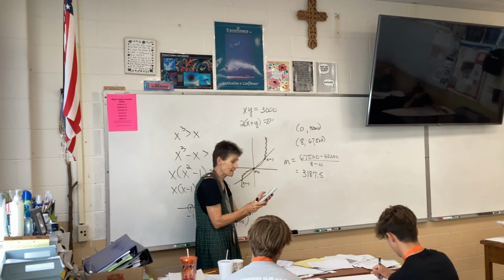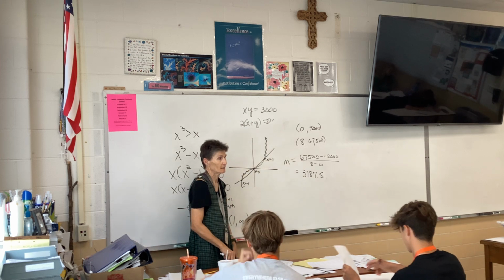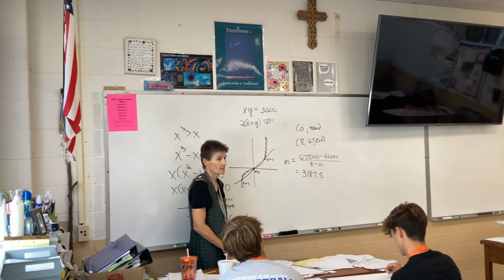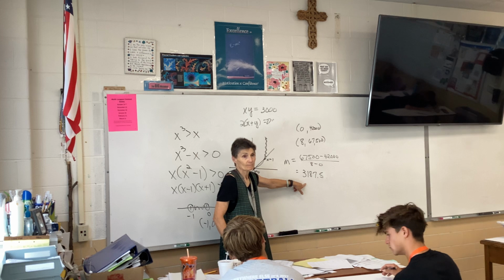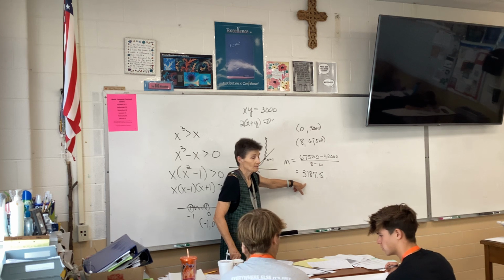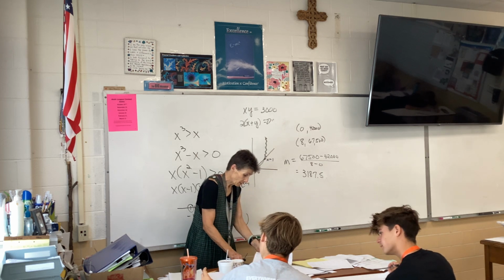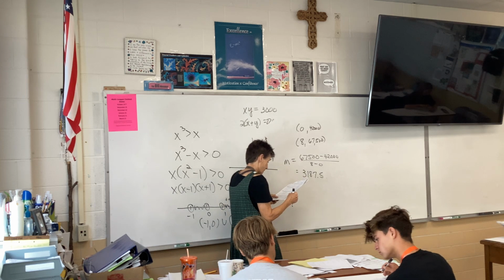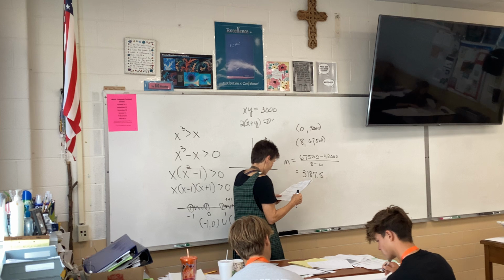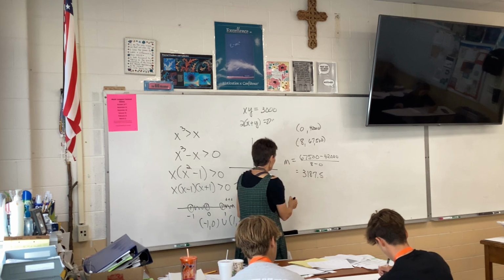Basically, what is that slope representing? What is that telling me? Every year, my price goes up that much money. That's what's happening. So the first part says, write the equation.